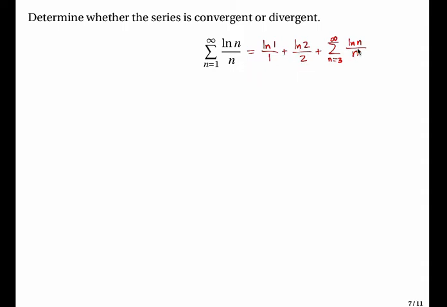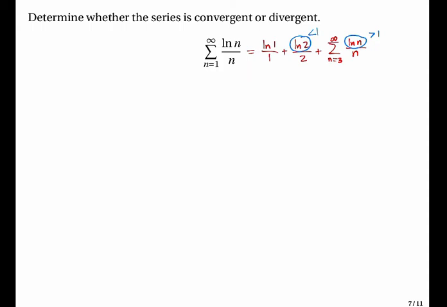Why do I need to rewrite this series into this form? Well, first, here we have ln of 1, and that's equal to 0, so basically we can start from n equals 2. This ln of 2, however, is less than 1, whereas starting from n equals 3, ln of n is greater than 1.